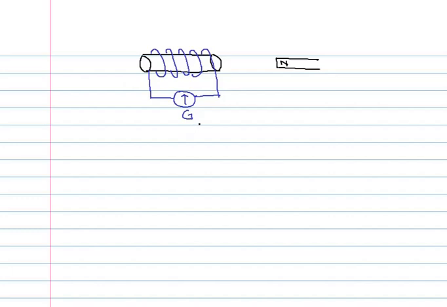Now we will be studying the phenomenon of electromagnetic induction. So what does that phenomenon say? It says that any change in magnetic field will also induce an electric field, that is an EMF. Let me write it down here.